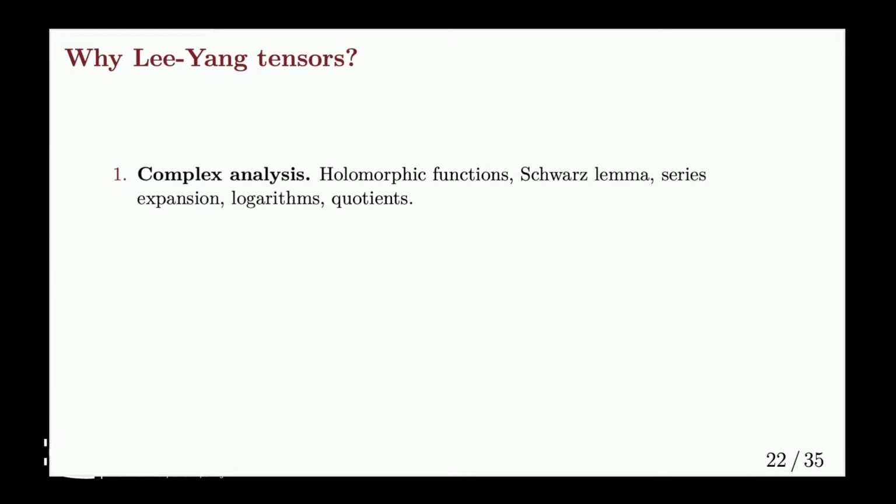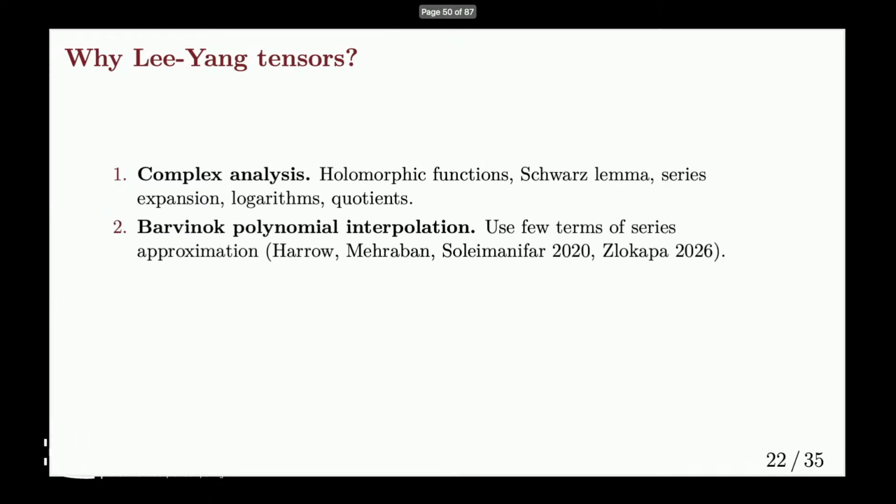I didn't put them all in the talk because it would be terrible to chat about on slides, but we use all of these things. The other thing is that from this complex analysis, you can often get a Barvinok polynomial interpolation algorithm of the type that Alex talked about yesterday, and in HMS and Alex's work.